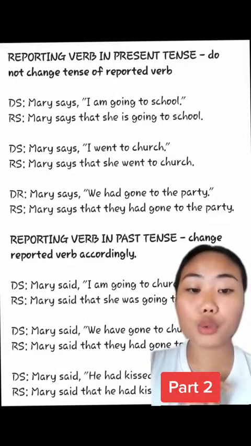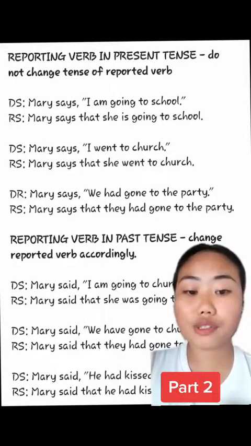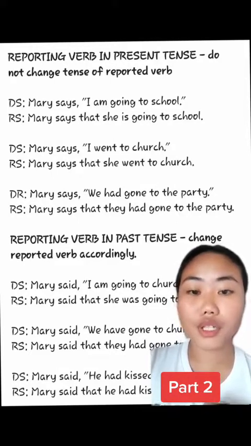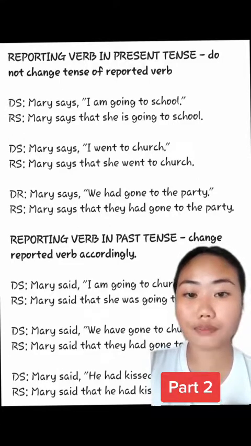Now, if your reporting verb is in the present tense, we do not change the tense of our reported verb. So for our reported speech, we say Mary says that she is going to school. So we change the pronoun I to third person she. Then am going to is going, still present tense.